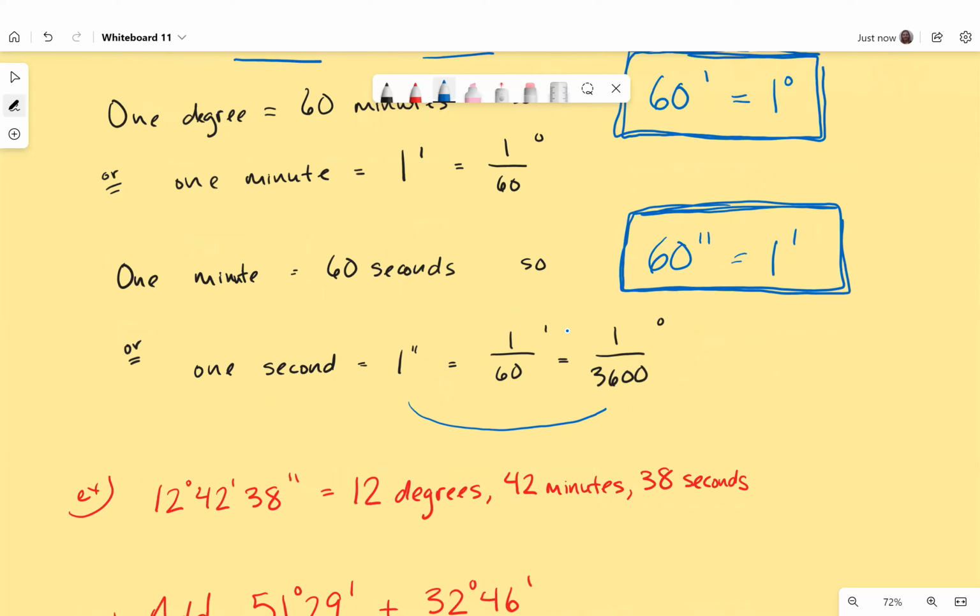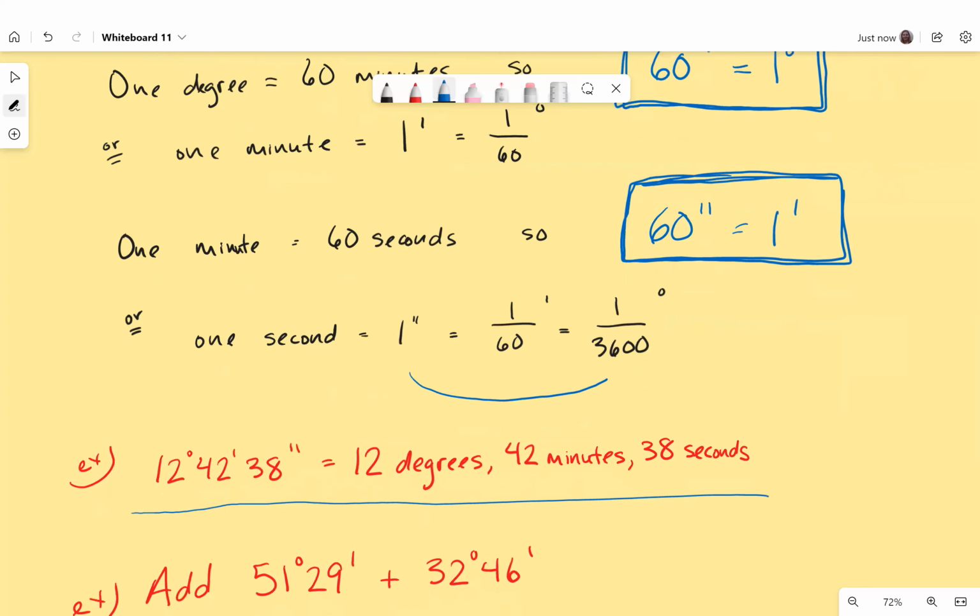So just one example, if we have our angle written out like this, 12 degrees, and we mark our degrees with our little circle the way we've always done, 12 degrees, 42 minutes, 38 seconds. Just to double reinforce that notation.